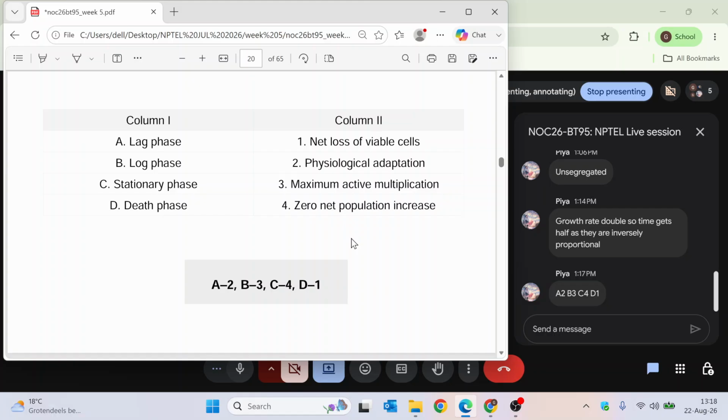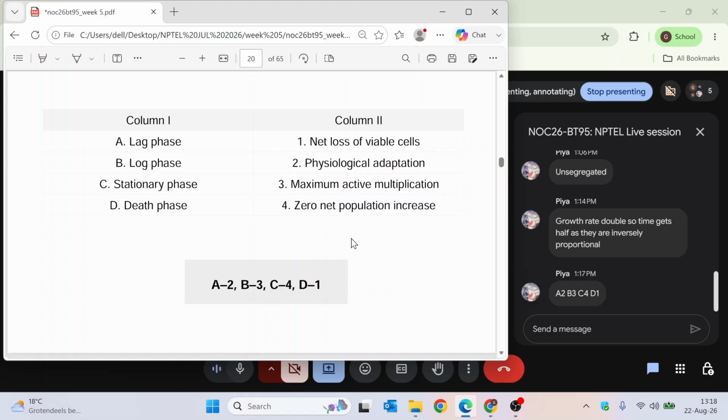The number stays constant because it's just a cell getting adapted to the environment that it is being introduced to. It's trying to build its internal system to match and grow in the given environment. So it's a physiological adaptive phase.